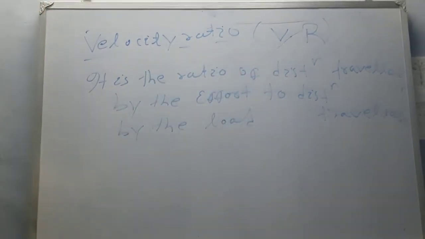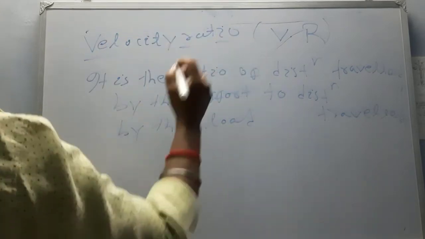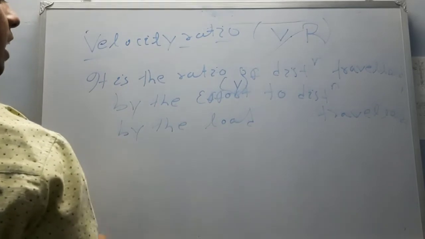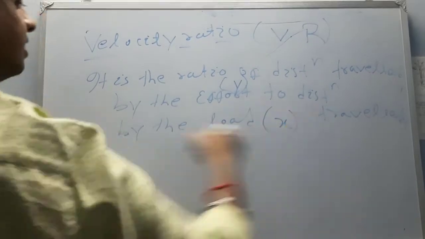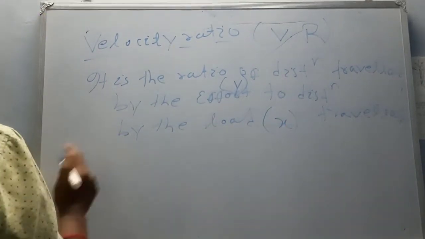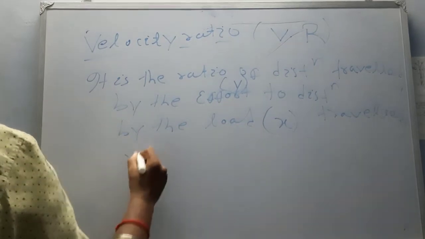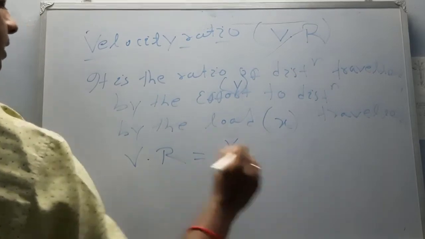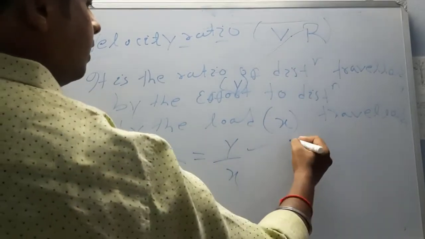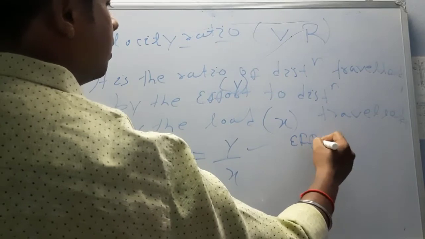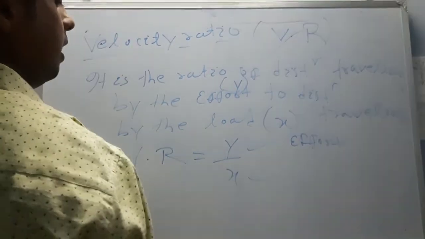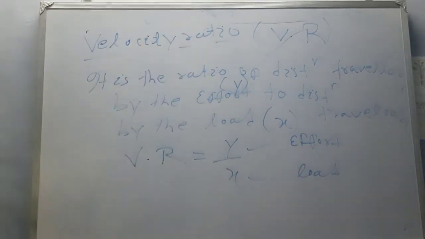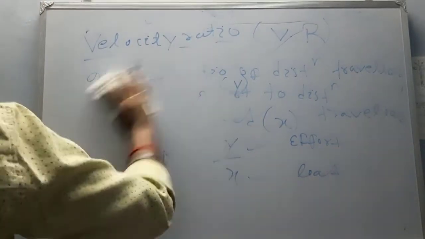The distance traveled by the effort is symbolized as y, and distance traveled by the load is symbolized as x. So we can write V.R. as y by x, where y is the distance traveled by the effort and x is the distance traveled by the load. These are very important terms for this subject.